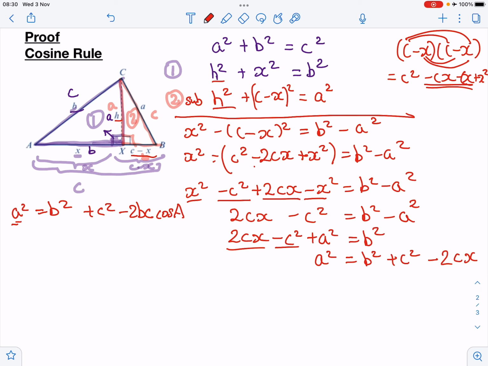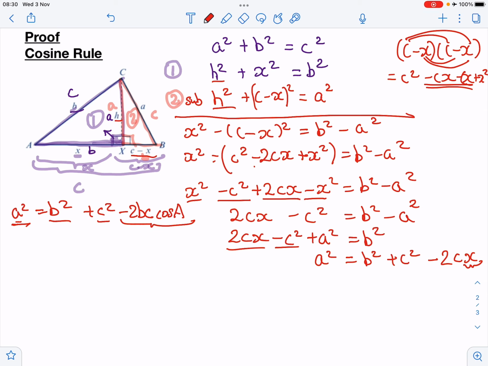Okay, up to this point, this part looks the same, so only this part now we need to make look the same. So what does x equal? Again, today we're looking at the cosine rule.